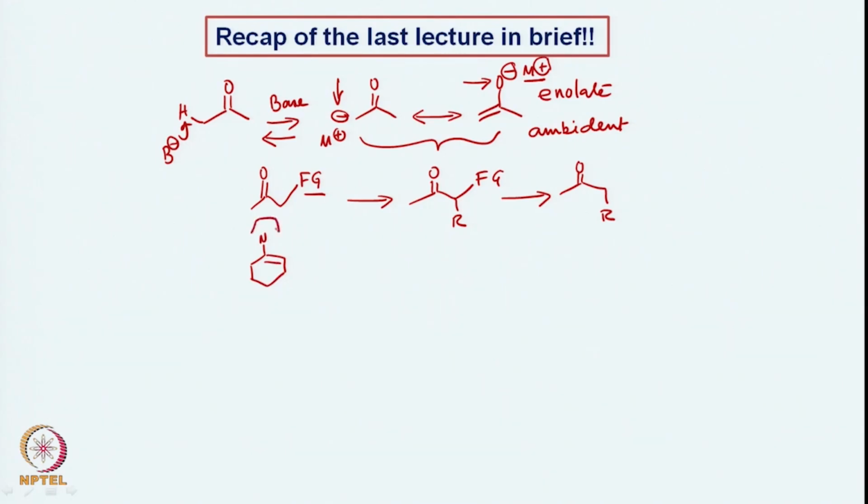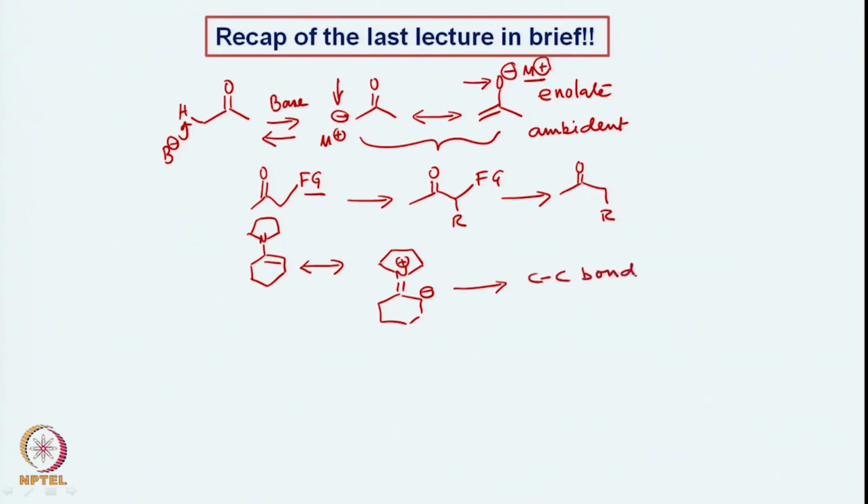and we saw how enamines can be allowed to form the CC bond to take place, and via this type of intermediates. Of course we have the resonance structure of these, and then CC bond formation can be done.